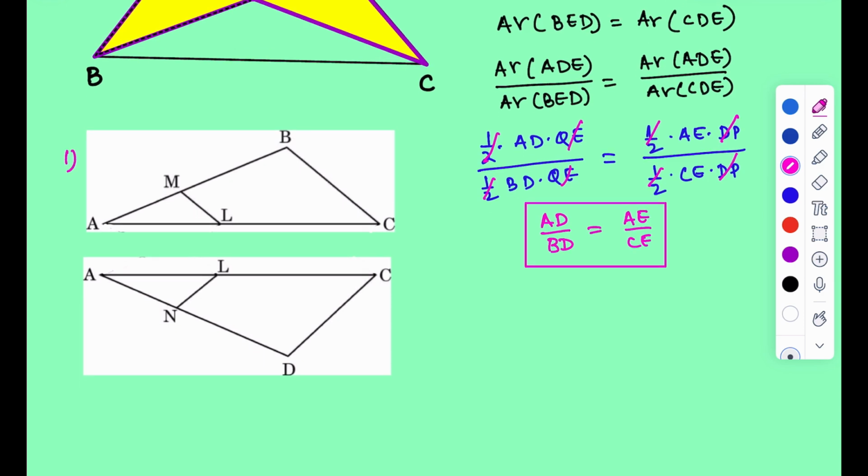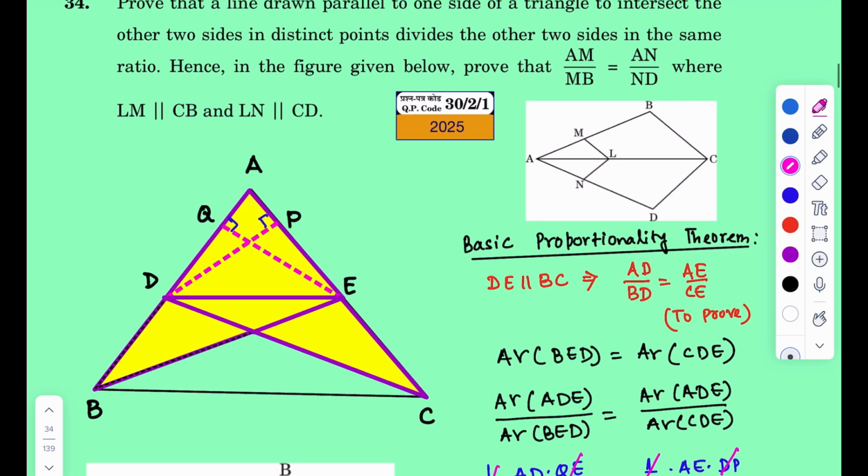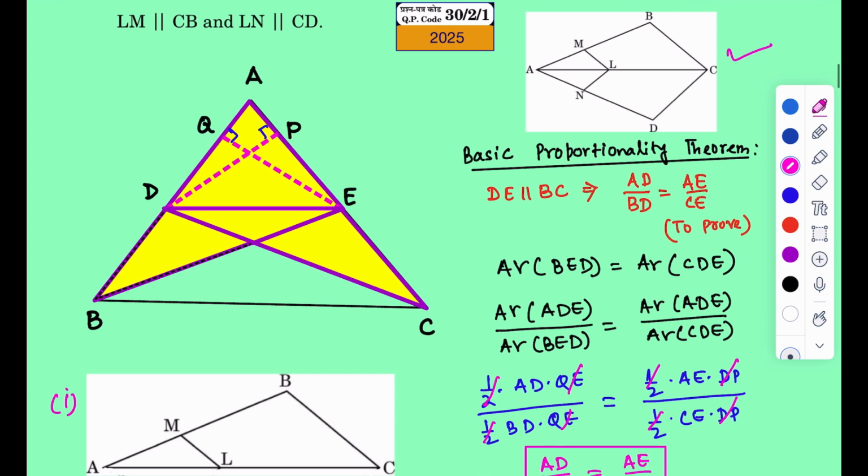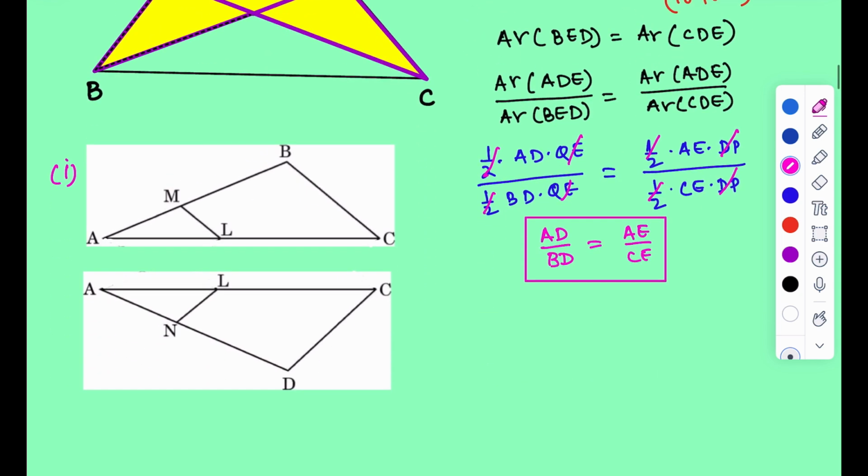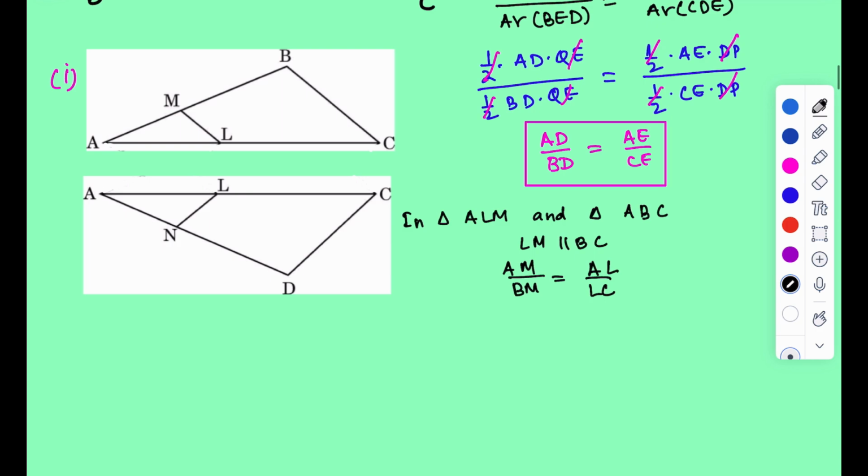Now we have to apply this formula over here. Here, if you see the first case, I have separated this figure. We can see triangle ALM and triangle ABC. Here LM is parallel to BC, so we can write AM by BM is equal to AL by LC.